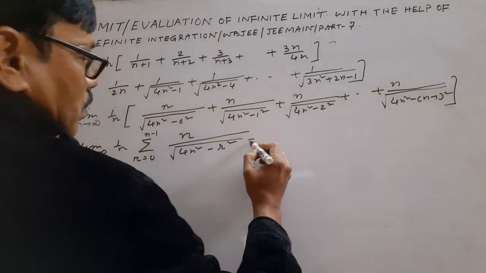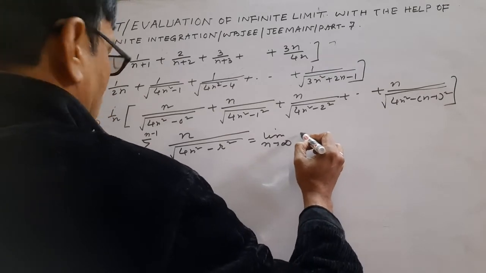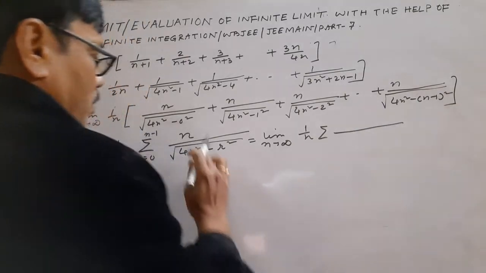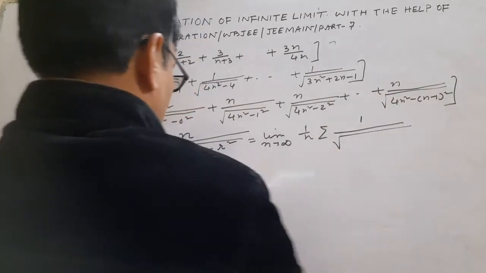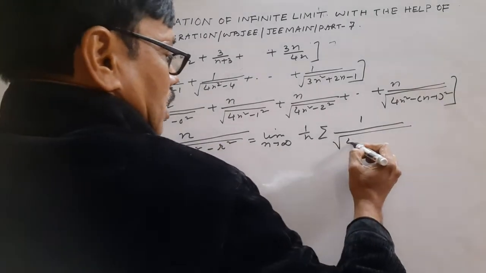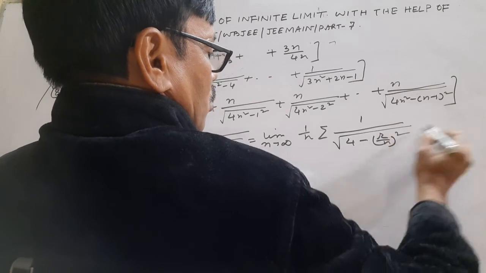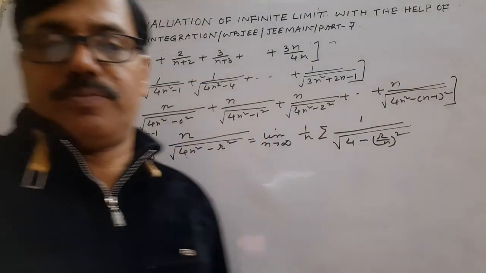So try to express it as a function of r by n. So divide by n. So this is 1, and within the root you have to divide by n square, so r by n whole square. So this is our main aim.